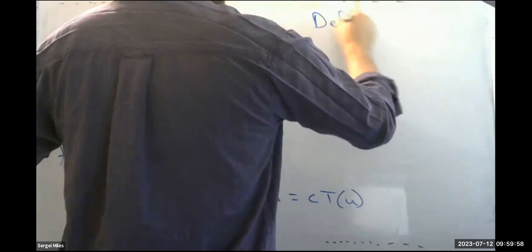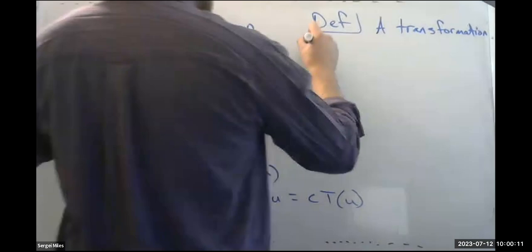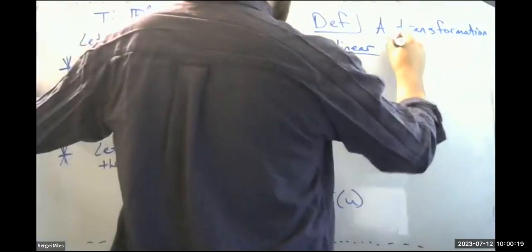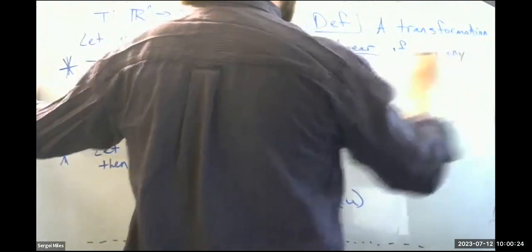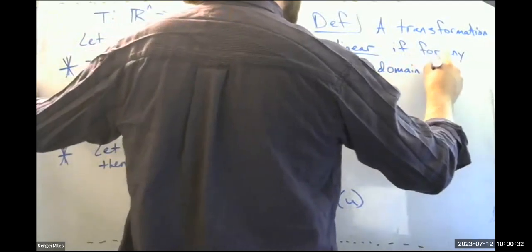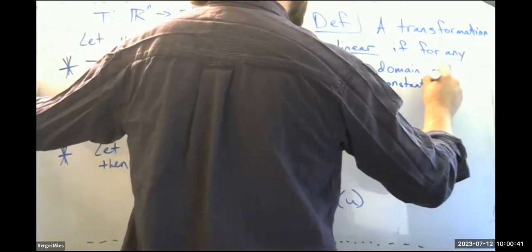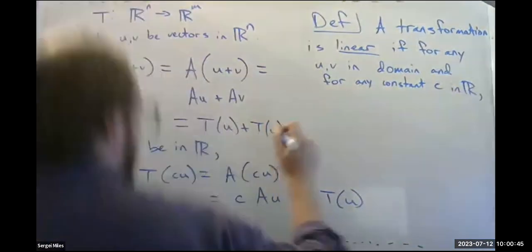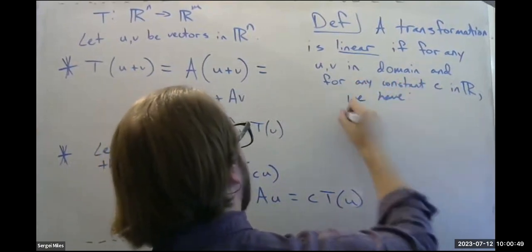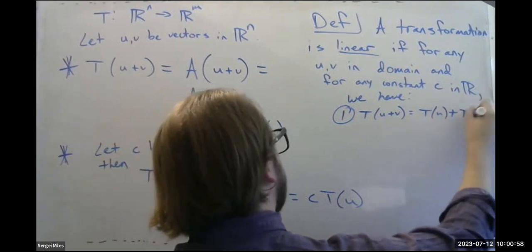Okay, so a transformation is linear if, for any u and v in your domain and for any constant c in R, we have: one, you can pull them apart, T of u plus v is T of u plus T of v.